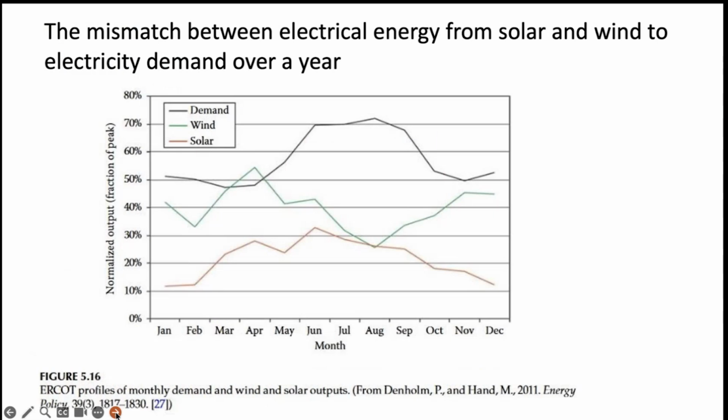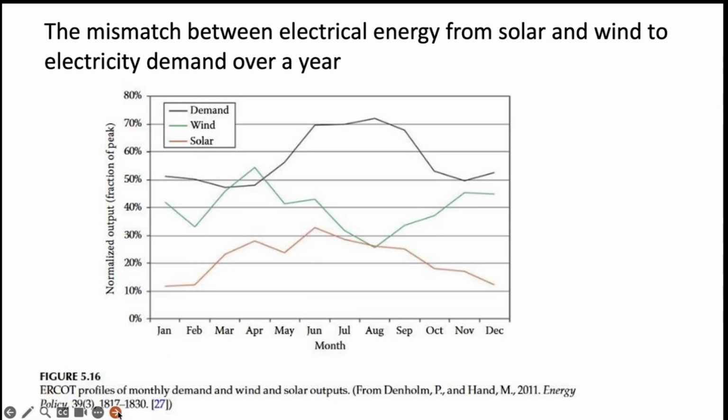Okay, and here you can see the mismatch that your book shows between demand and wind energy and solar energy over the course of a year. I'm not sure where this is. Doesn't look like Texas, but you can see this mismatch is the problem.